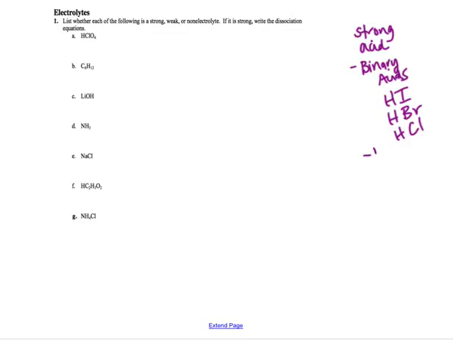Now with ternary acids, we had a little rule of thumb. The things that have polyatomics in them. How did we determine if something was strong? Exactly. You have to have 2 or more O's than H's.